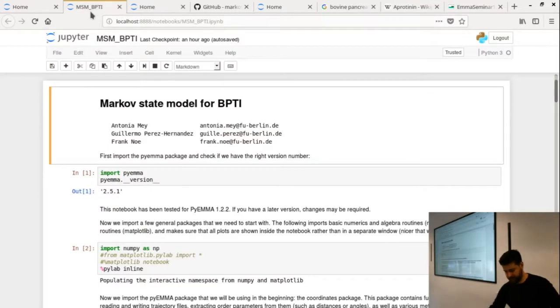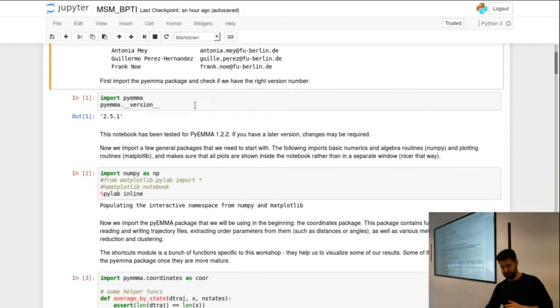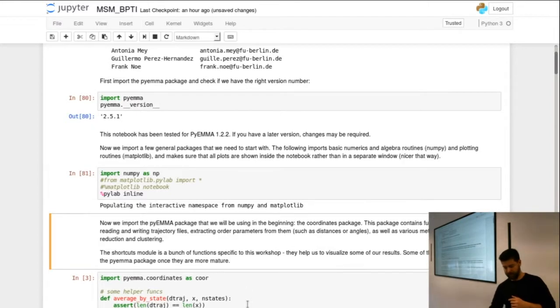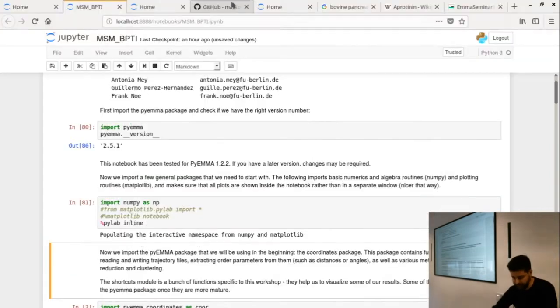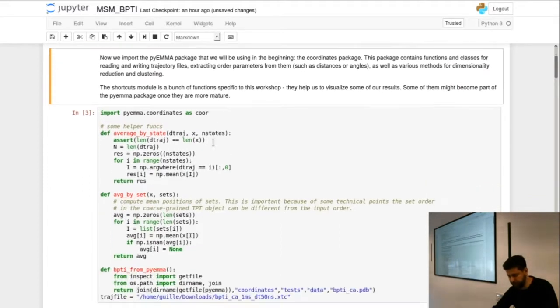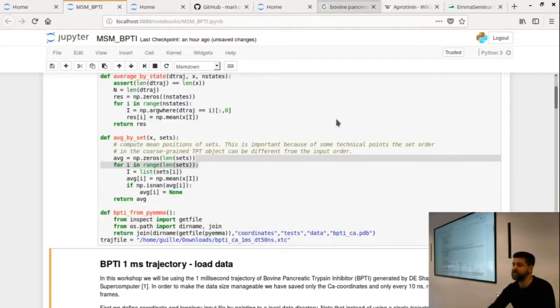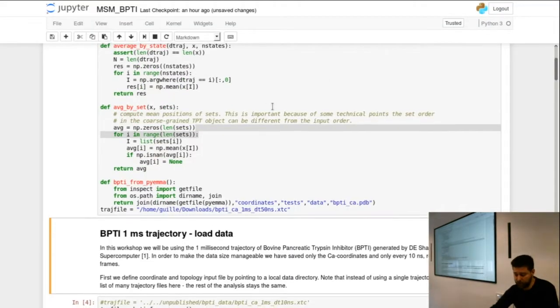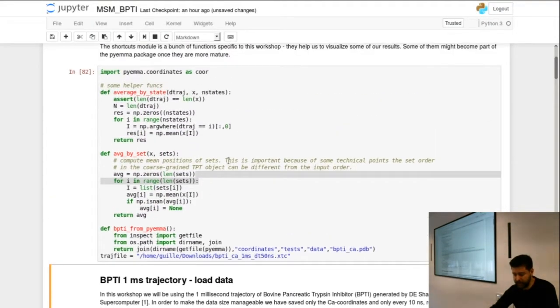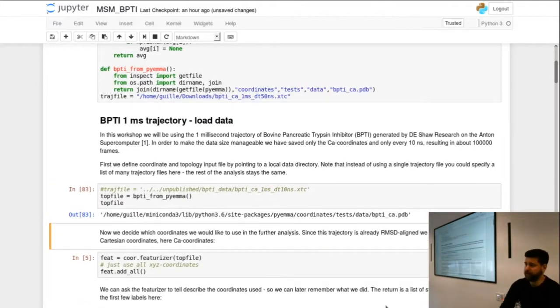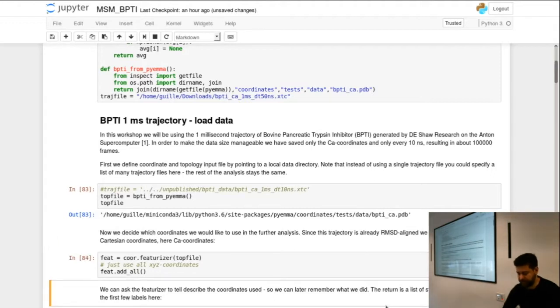So we start, as usual, importing PyEMMA, the latest version, and loading the notebook with the needed modules for plotting and doing linear algebra, plus some extra functions that you also have in your notebooks for plotting and averaging. And we start by loading the topology files into memory and creating a featurizer.